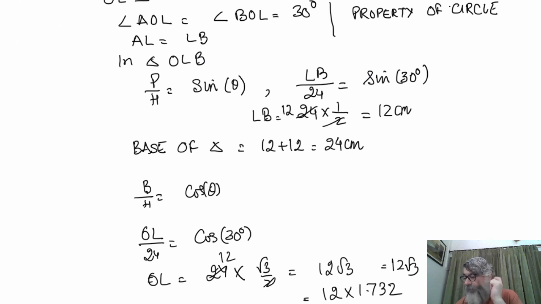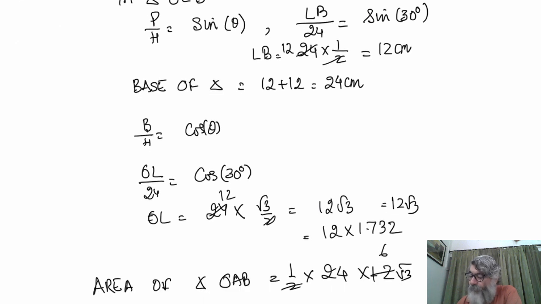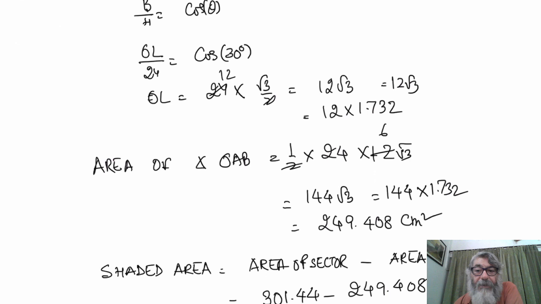Now area of triangle OAB is half base into height, half into 24 into 12 root 3. 2 sixes are 12, it cancels, and then we get 144 into root 3.